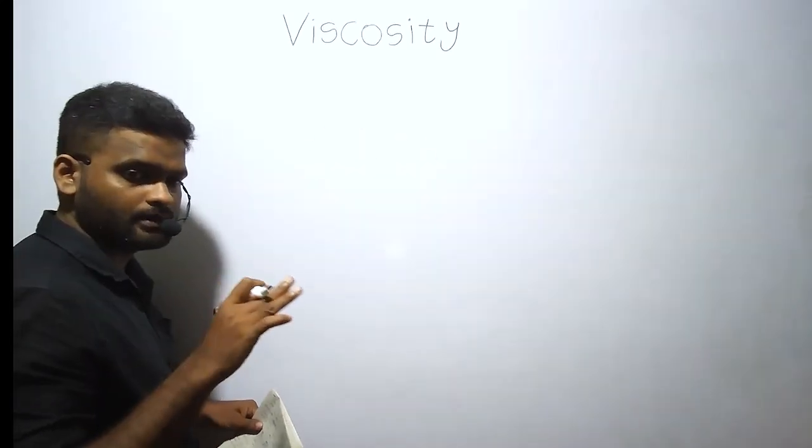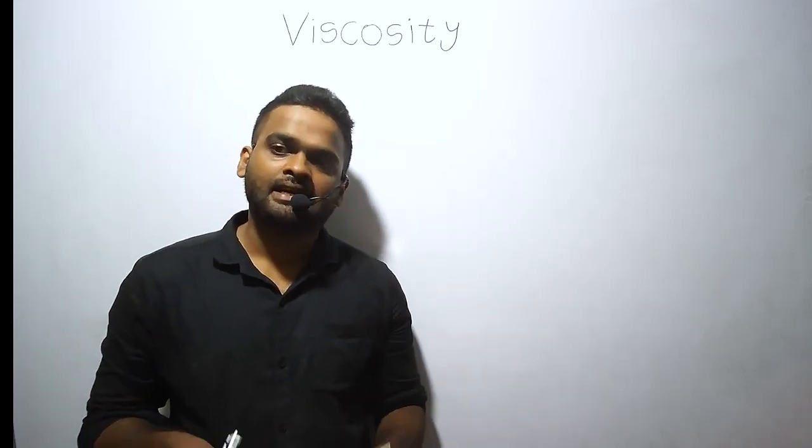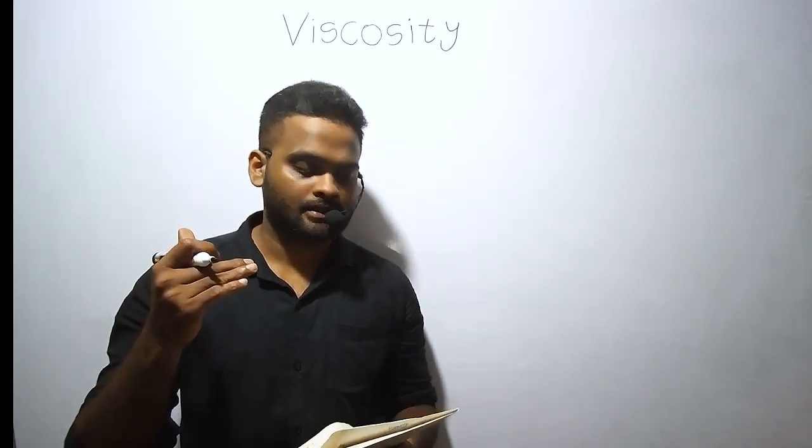Now I think you have some kind of understanding of Newton's equation, right? Then the next part, there's going to be another scientist giving you an equation, right? That's the next part.